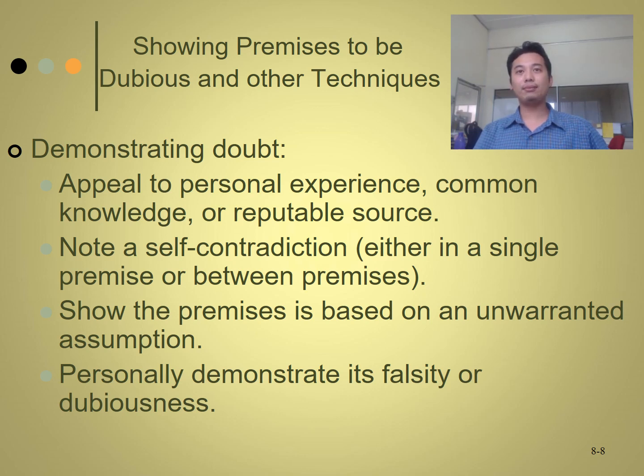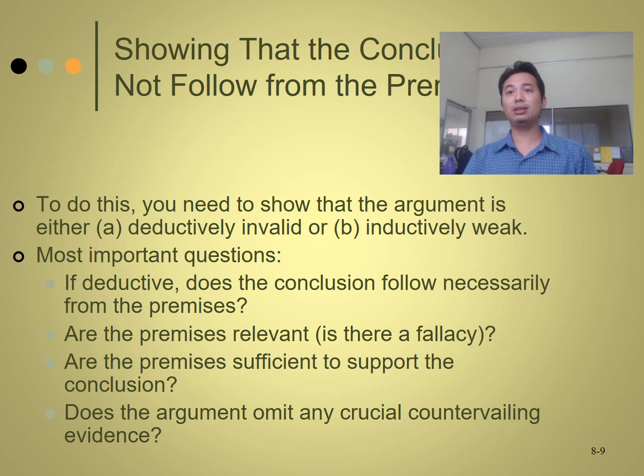All right, so let's carry on. I think we have another two slides or so. The next one is showing that the conclusion does not follow from the premises. What this means is that whatever reasoning has been done based on the premises does not prove that the conclusion is so and so.